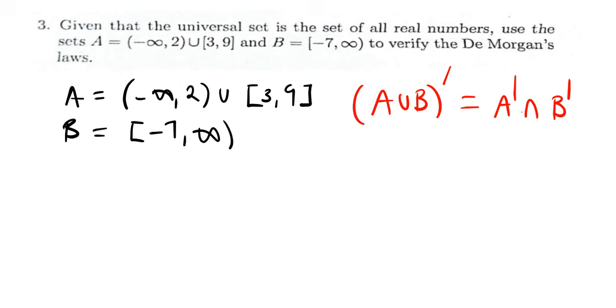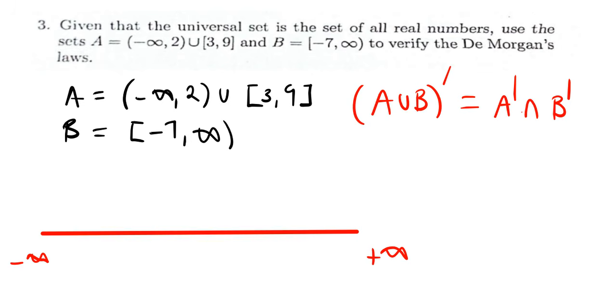Okay, so in this case, let's find out what A is. Let's say this is a number line, so you can solve this question in different ways. It doesn't really matter. A is from negative infinity, and we put negative infinity and positive infinity here. A goes from negative infinity until it reaches 2.